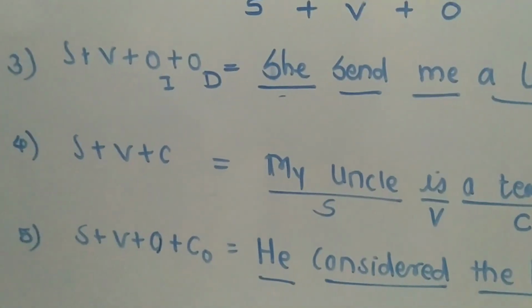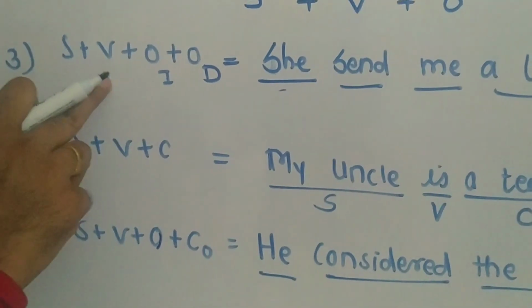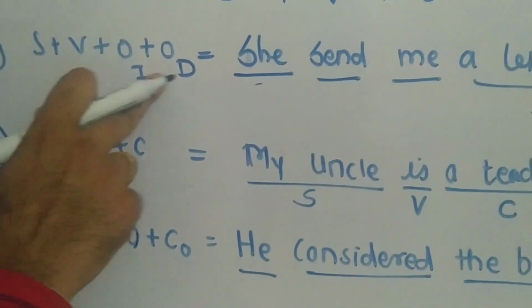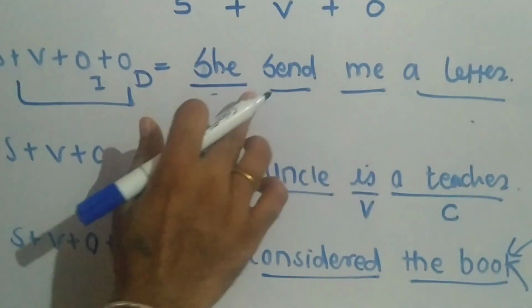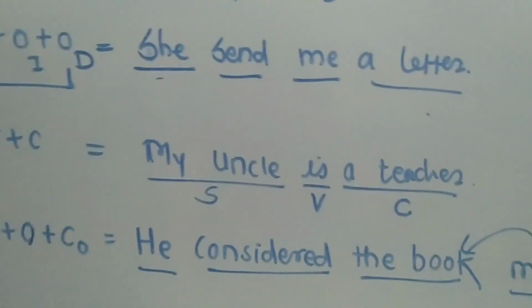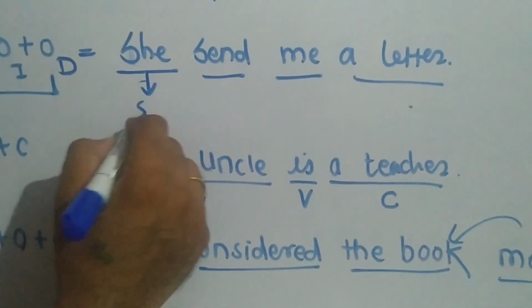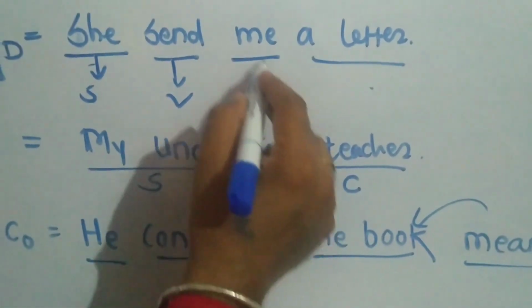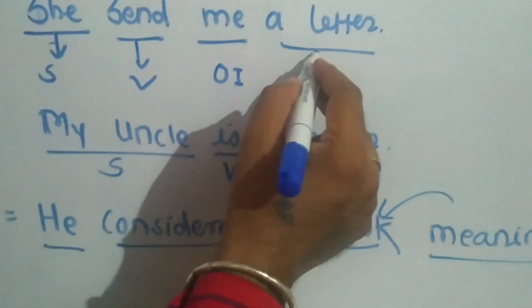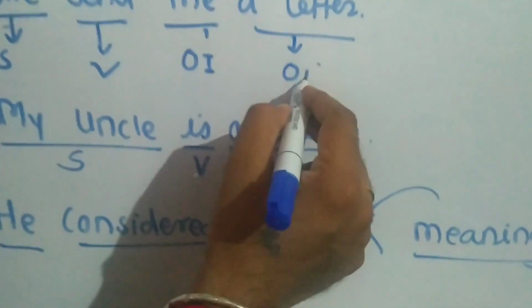Now the third pattern is subject plus verb plus indirect object plus direct object. This structure is hidden in this sentence. See, she is the subject, sent is the verb, me is the indirect object, and letter is the direct object.